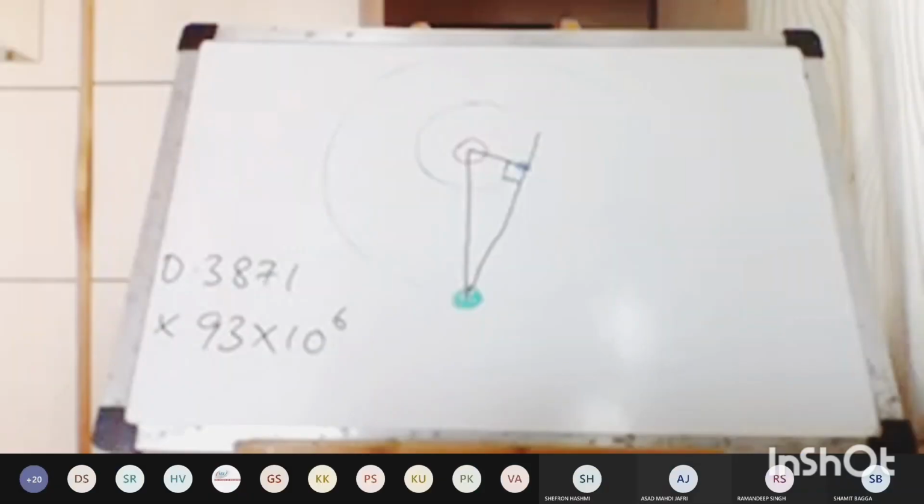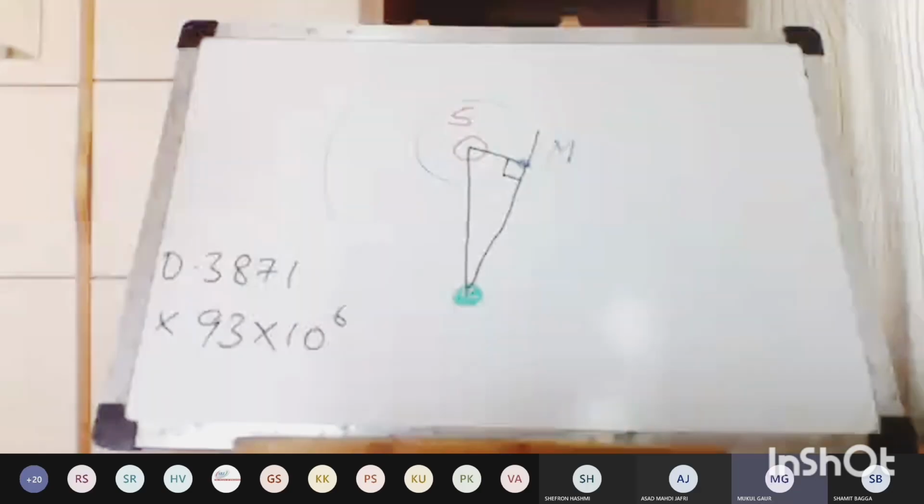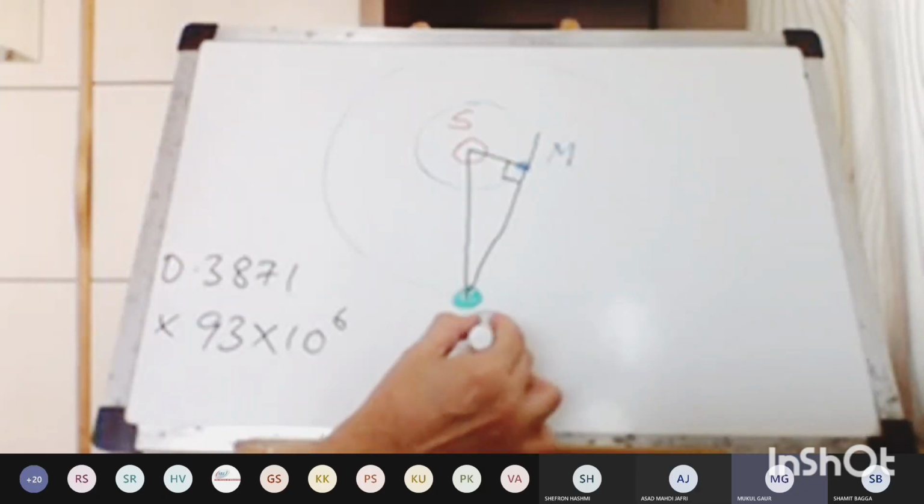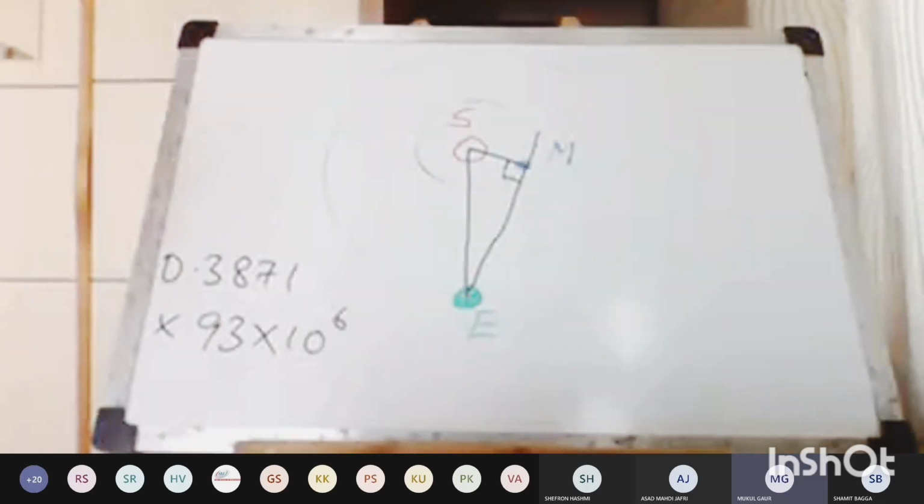What does the question say? If the distance between the Sun and Mercury is 0.3871 of the distance between the Sun and the Earth, what is the maximum elongation of Mercury?